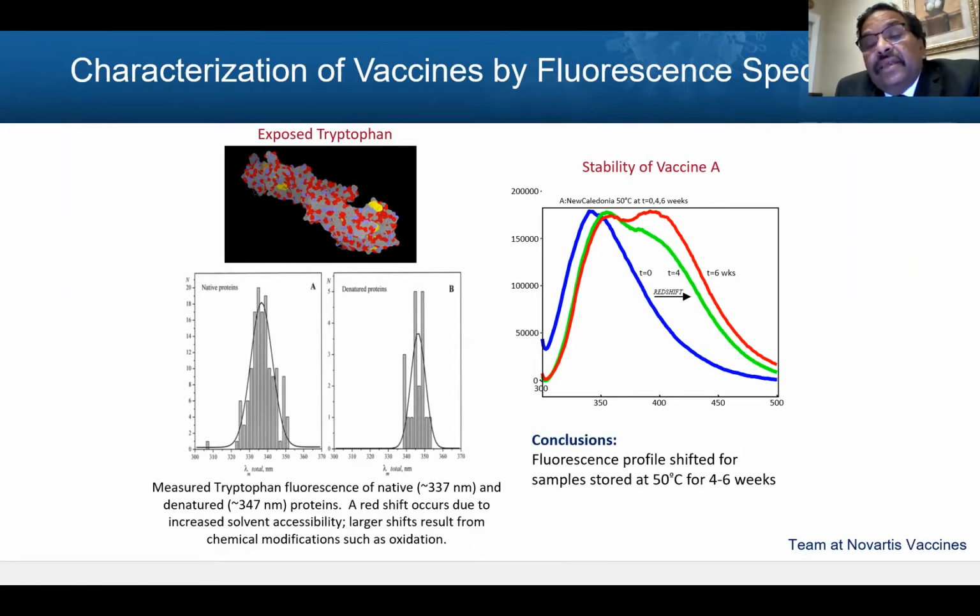And here we are getting two transitions. One is around 360, 370. Another is about 420. So again, this is stability indicating. It can be used for forced degradation. It can also be used in conjunction with either ELISA or Octet to determine the potency. So this assay has a lot of value.